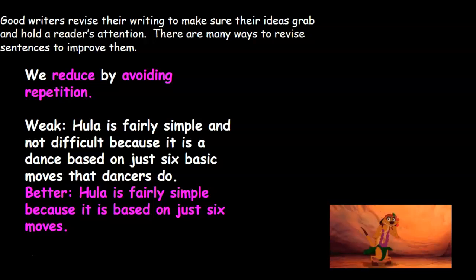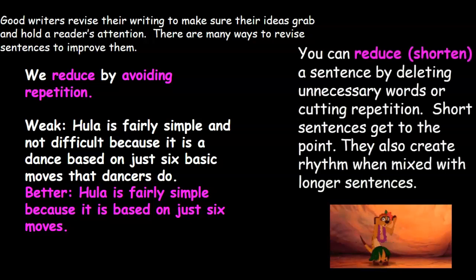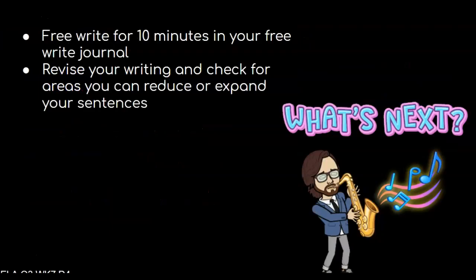And so the idea that you really want to emphasize there is there's 6 basic moves to this. That's the point. It's fairly simple. It's not difficult. Those are the same things, you're repeating yourself, so you could take that out. And just like I said, delete repetition if possible.